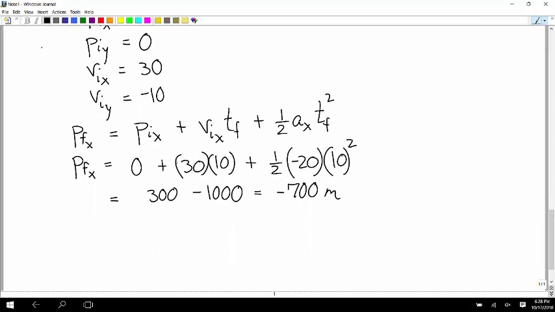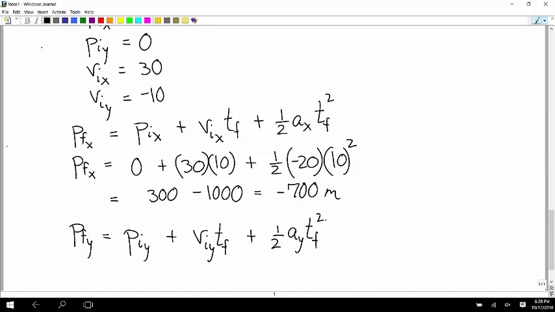Then we can use the y version of that equation to calculate PFY. That's equal to PIY plus VIY TF plus 1/2 AY TF squared.